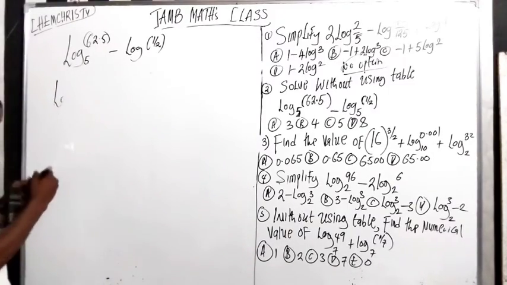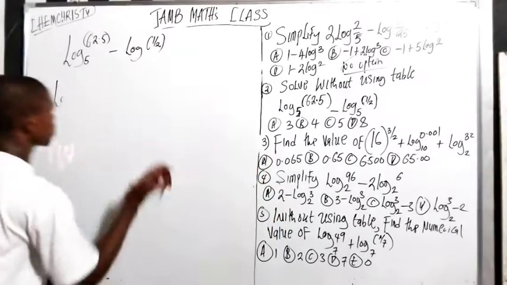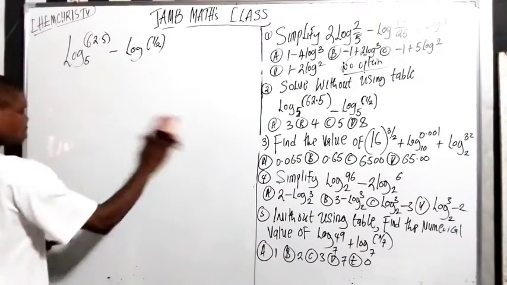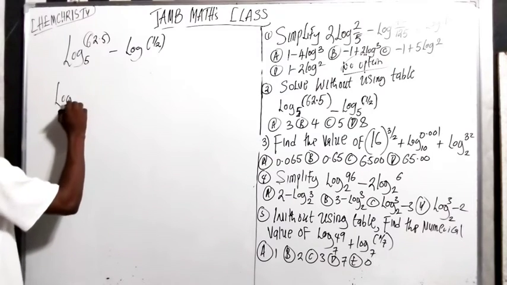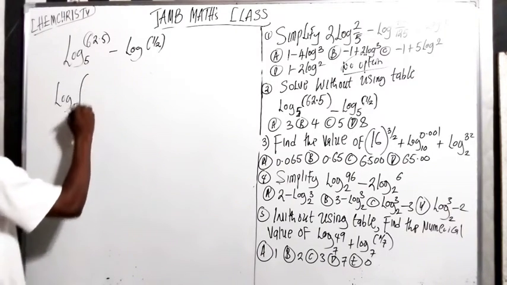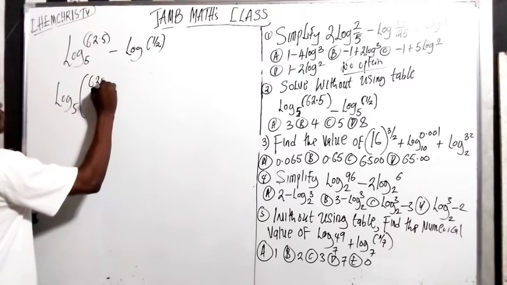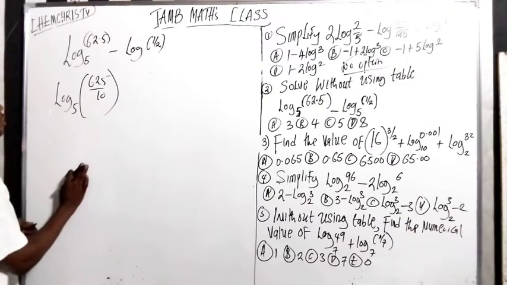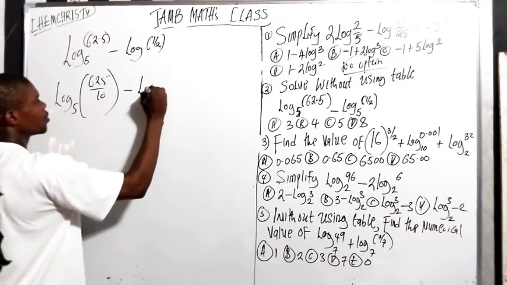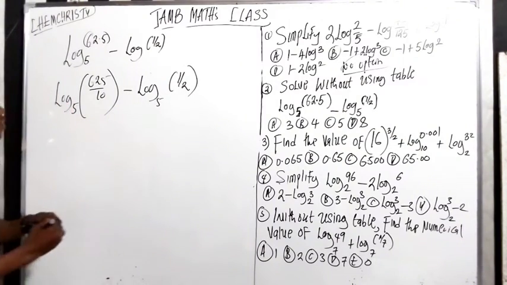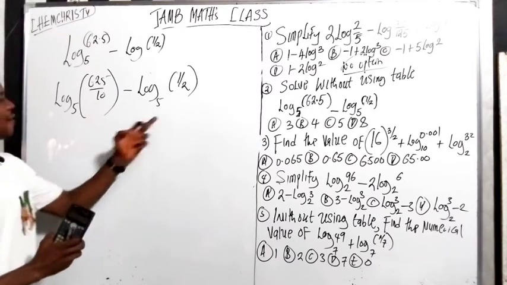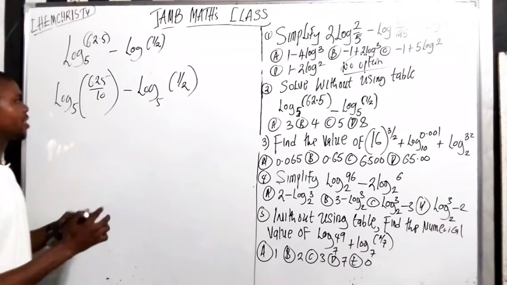So it's going to be log 5 625 over 10, minus log 5 1 over 2. Just that. Now they have a common base.